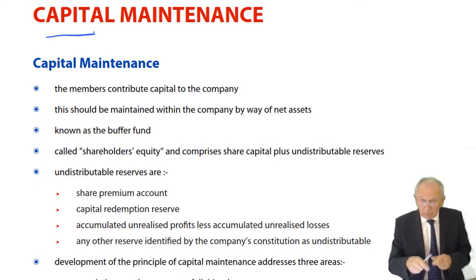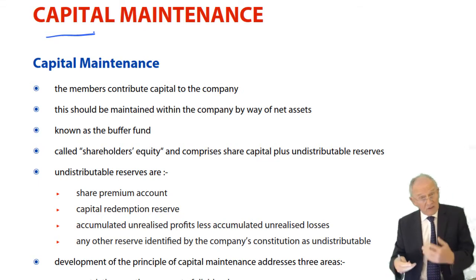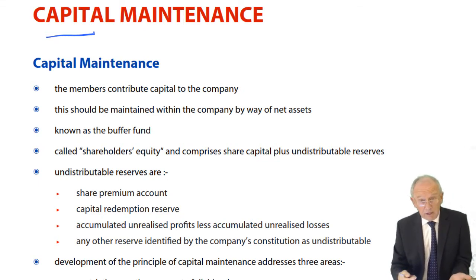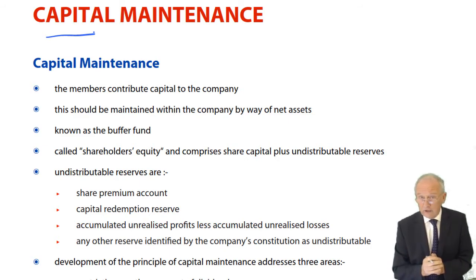The purpose of capital maintenance is to make sure that there are always positive assets and therefore creditors will always be paid in full. That's what the law was trying to achieve.